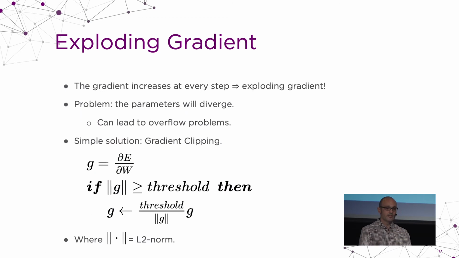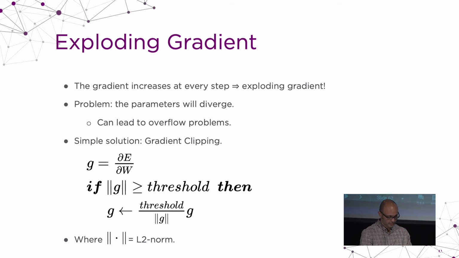There is actually a very easy solution to this. I can just put a limit on my gradient. I say, if the gradient is becoming bigger than a certain threshold, I rescale it. So I want the gradient to be, in the worst case, as big as the threshold.